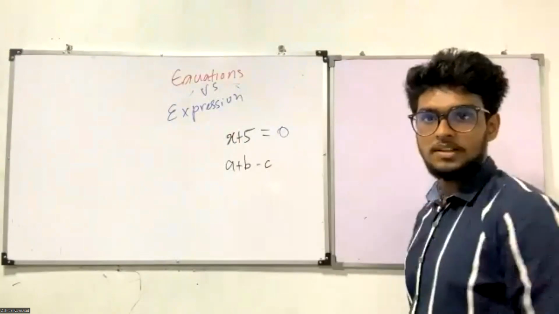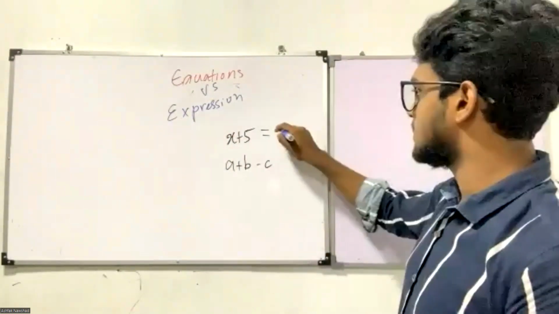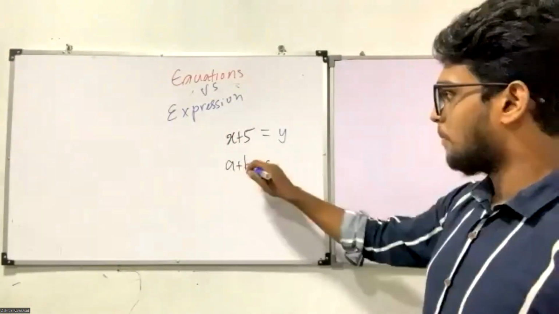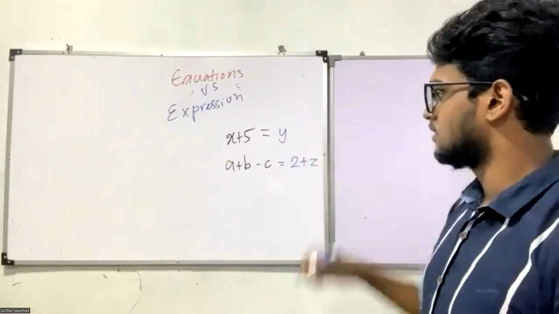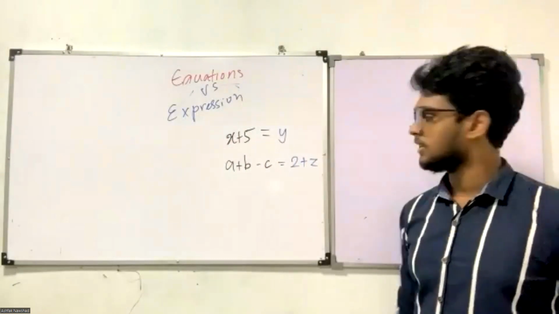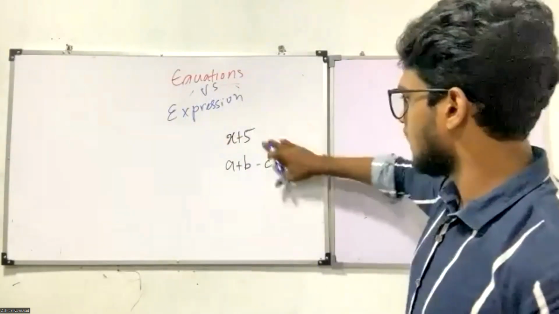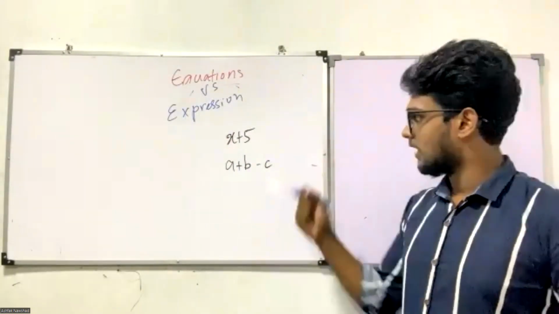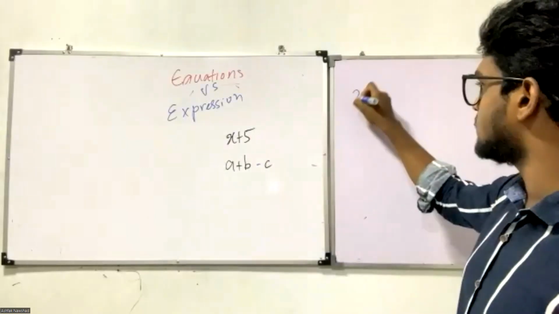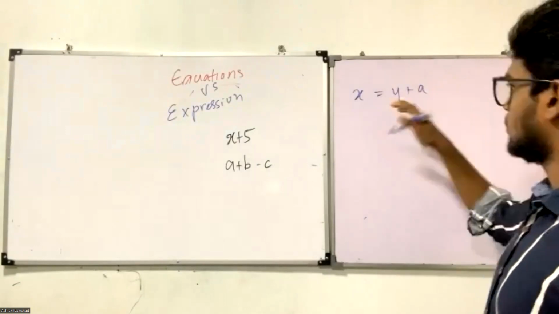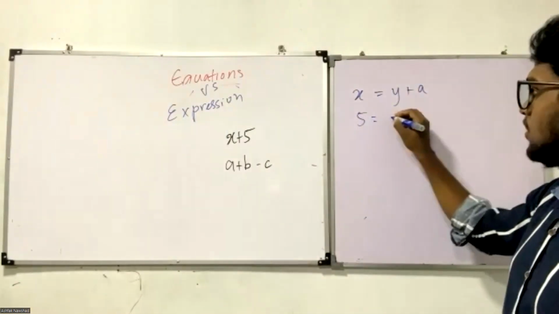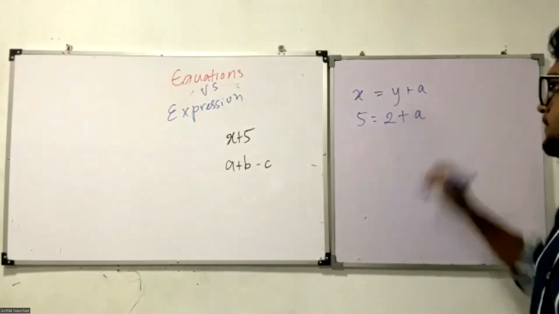X plus 5 equals 0. X plus 5 equals y. A plus b minus c is equal to 2 plus z. So these are equations and these are expressions. An equation definitely must have two expressions on both sides, like 5 is equal to 2 plus a.